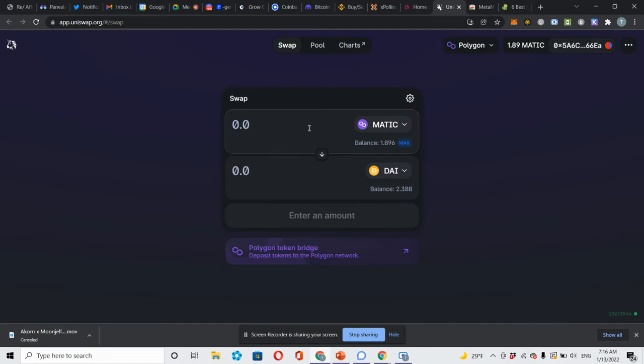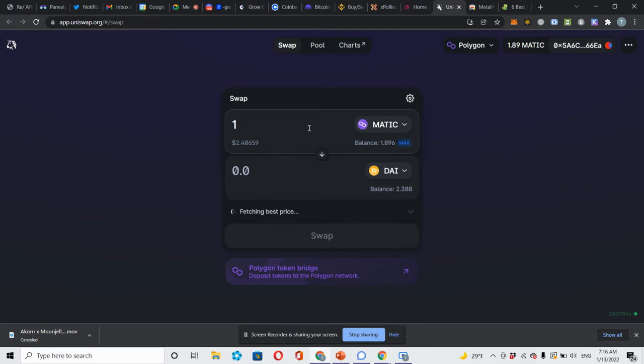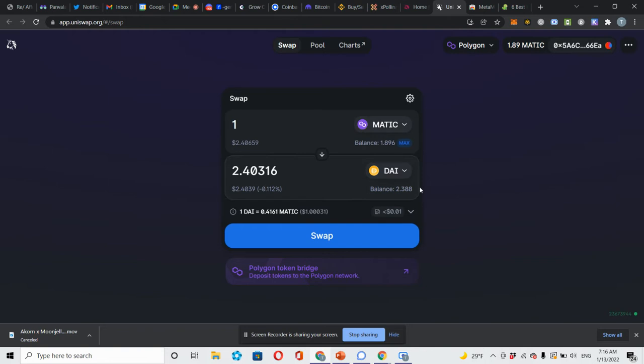And you'd say, I want to transfer however much of this Matic and swap that. That would give you the amount of DAI needed to go and use on other exchanges and chains. So we're trying to get it to XDAI chain, which is now called Gnosis chain.